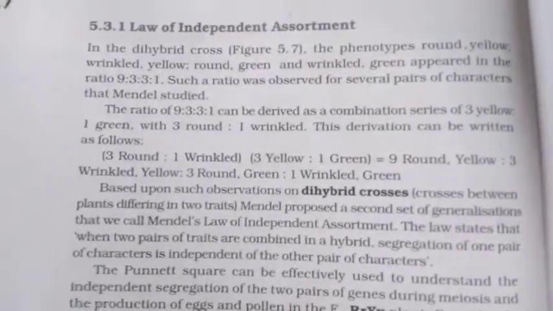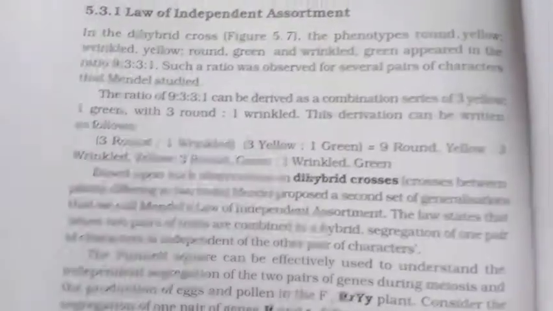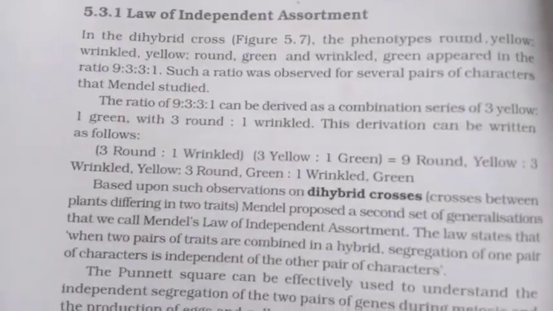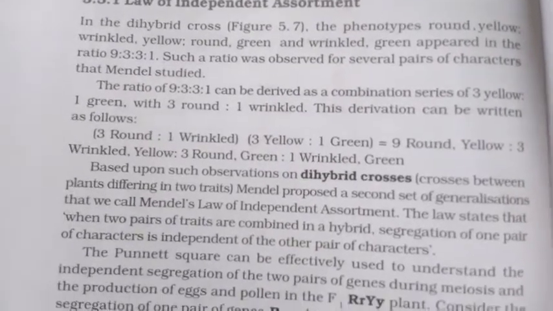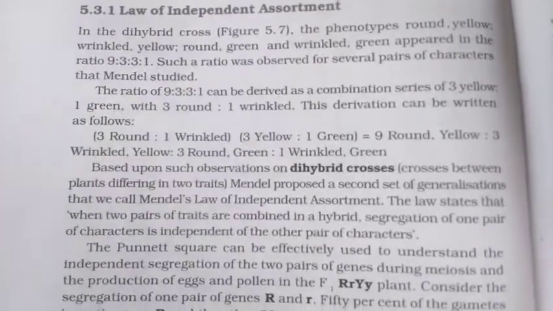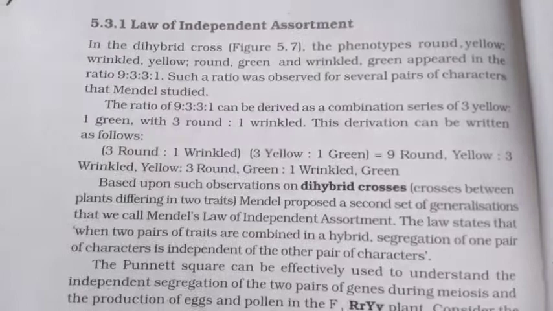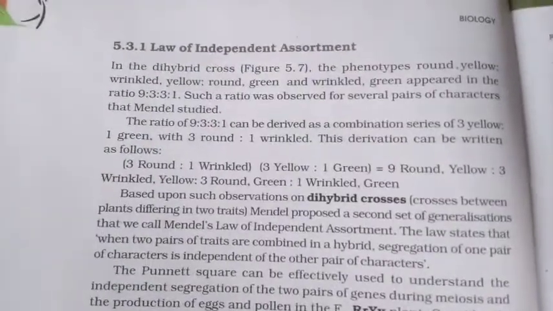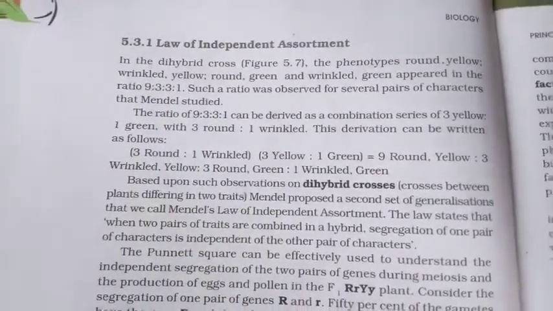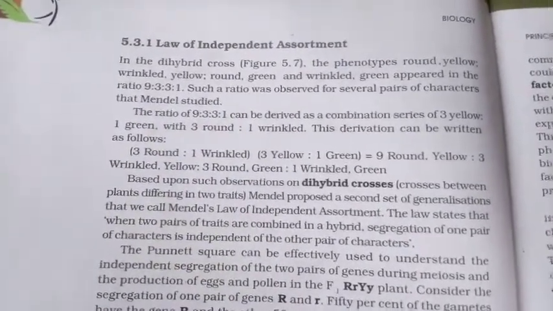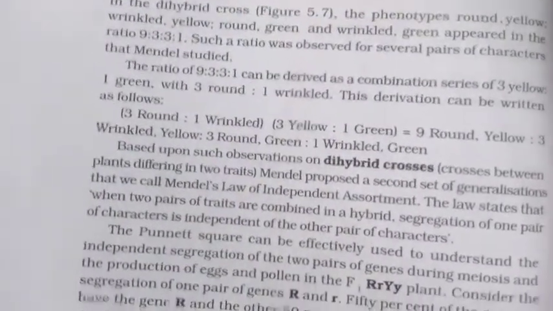As I have already told you, the ratio can be derived as a combination series of 3 yellow to 1 green with 3 round to 1 wrinkled. This derivation can be written as follows: 3 round to 1 wrinkled, 3 yellow to 1 green, and 9 round yellow to 3 wrinkled yellow, and 3 round green to 1 wrinkled green.